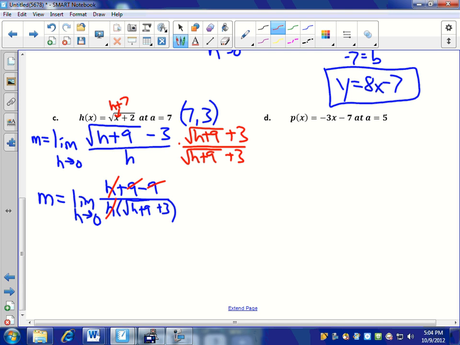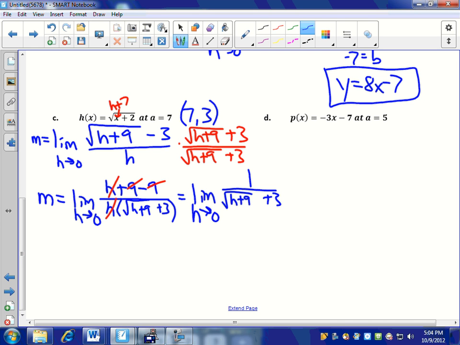The 9's cancel. The h cancels with the h on the bottom, and I'm left with the 1 on the top. We have the limit as h goes to 0 of 1 over the square root of h plus 9 plus 3, with the 3 on the outside of the square root, in case it didn't show up in the drawing.